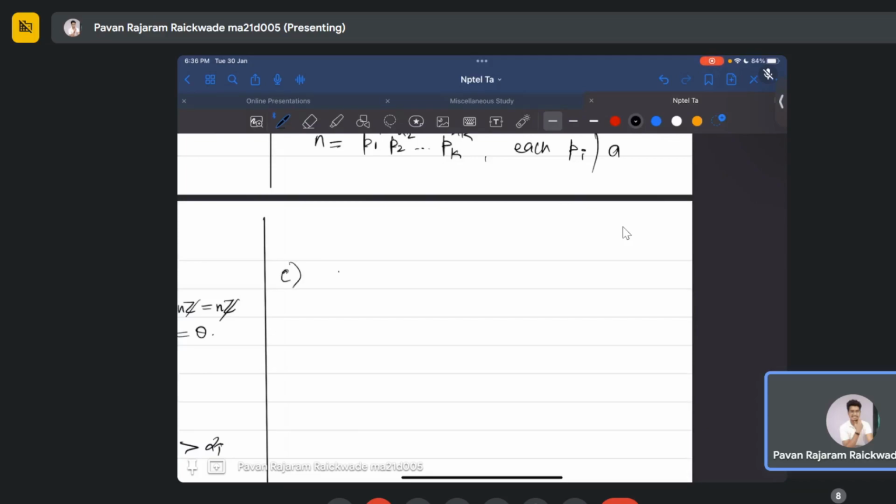C, which says if you consider the ring as set of all functions from a non-empty set X to F, where F is a field, okay, consider this as a ring. Now X is a non-empty set, F is a field. So consider this ring.